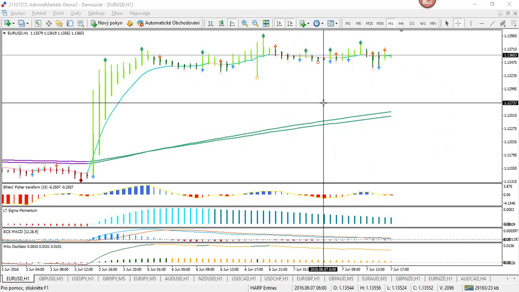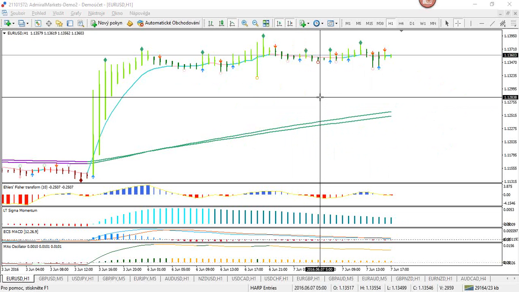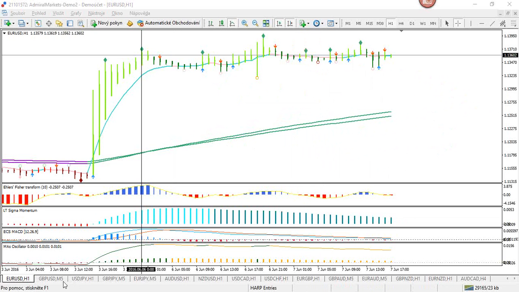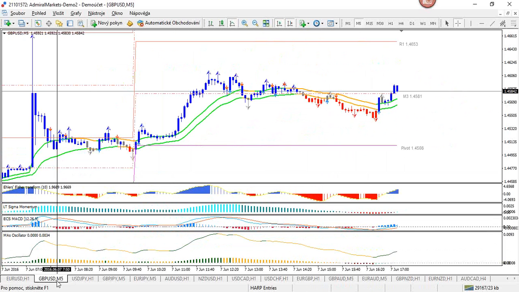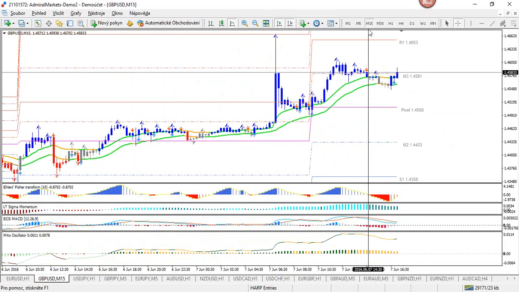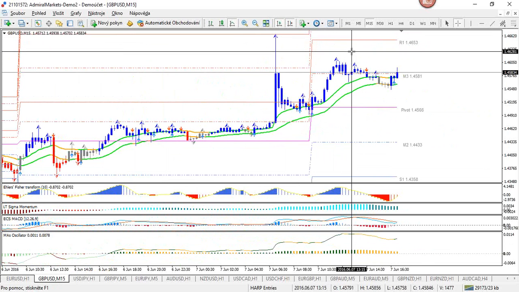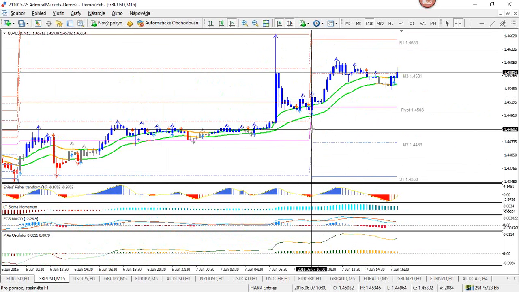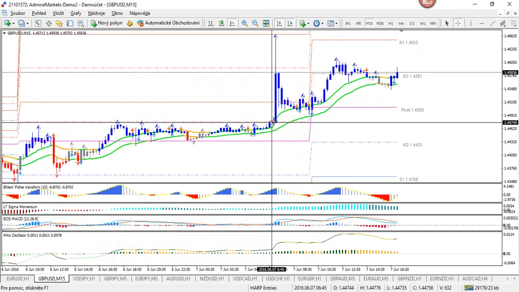This can also be used for scalping, so it's very universal. Let me show you why on a 15-minute chart. What I like to do is have 15-minute momentum on my side. The pound dollar has been a very volatile pair, as you can see, with this burst up.